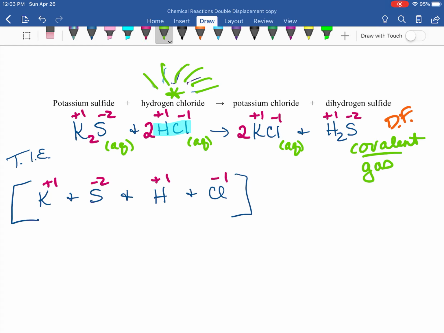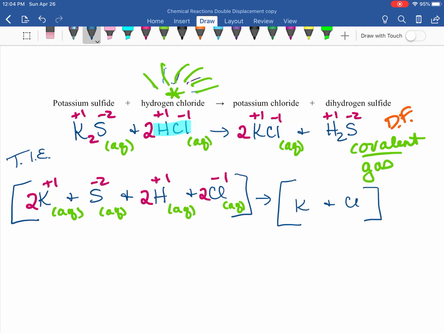Now, what makes HCl an acid, we'll learn in the next video, is that it does break apart in water. Okay, so let's add our details. Let's add our charges. We cannot forget those. And then let's add the fact that these are all aqueous. And then remember, we've got 2 of these and 2 of these. Okay. Oh, and 2 of these.